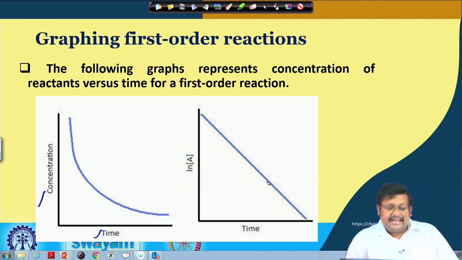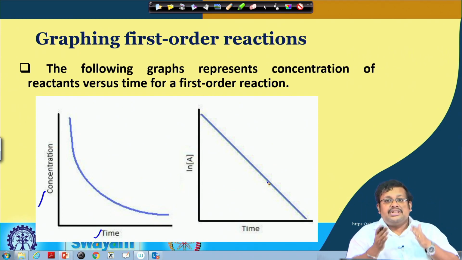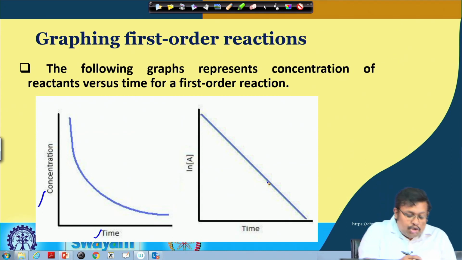This is basically the identification mark of a first order reaction. If you plot time versus concentration, you will see an exponential function, and if you take the logarithm of that concentration, you will see a straight line, and the straight line has a negative slope. So, this is the graphical representation of a first order reaction.